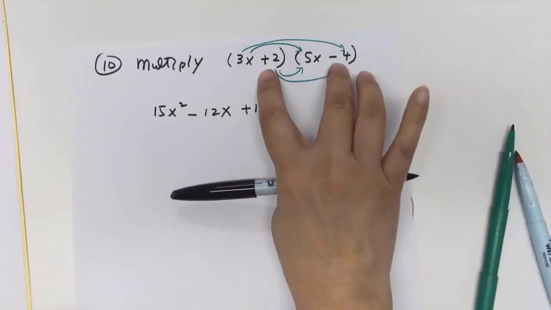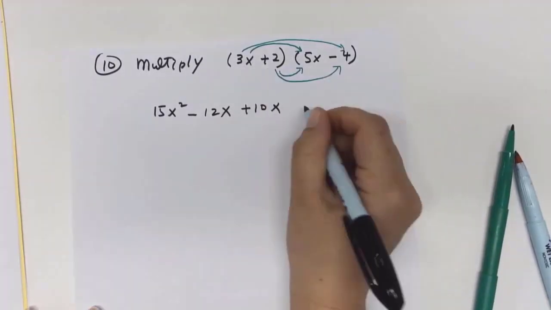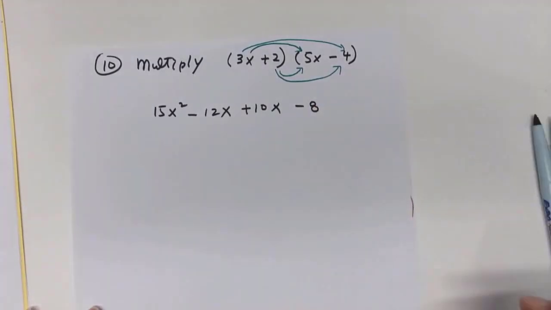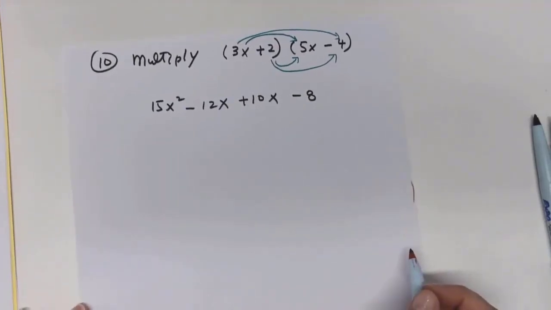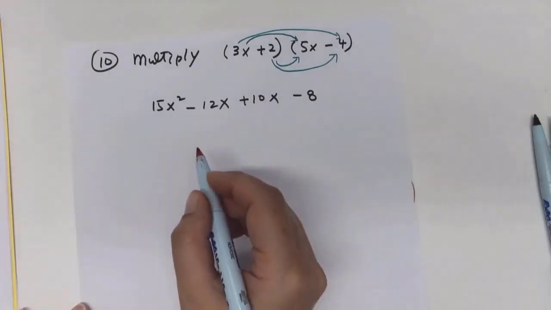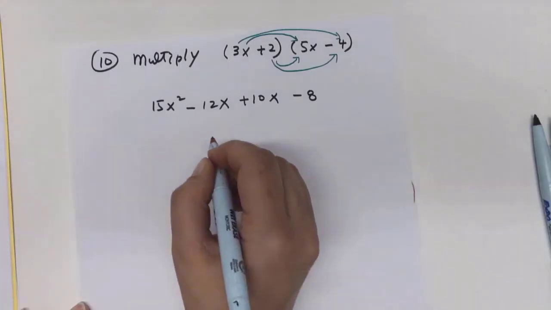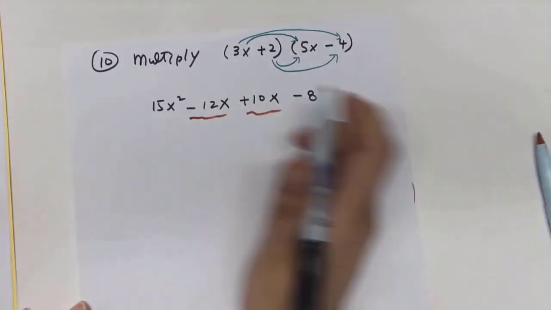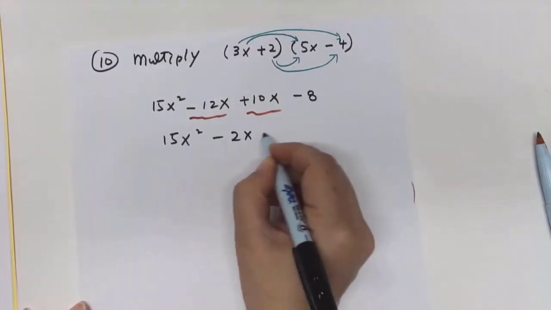The last two terms, minus 8. Okay. Anything else we can combine? Yes. So 15x squared minus 2x minus 8.